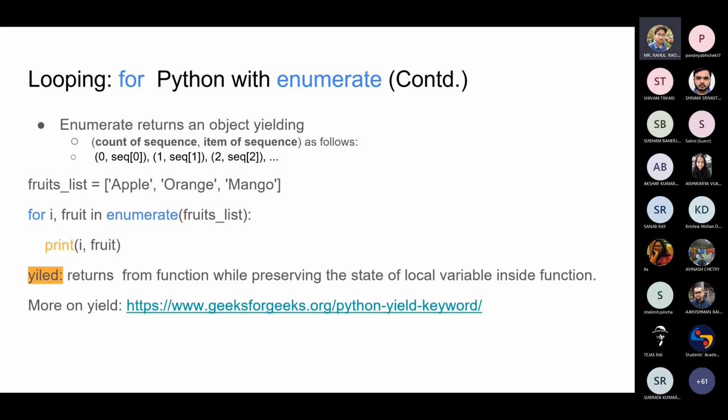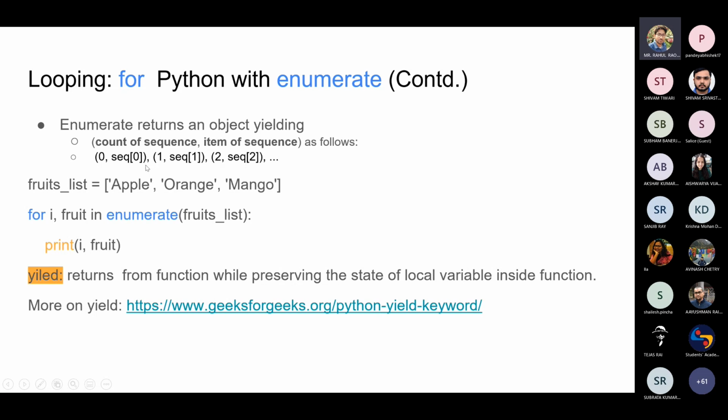But in brief, suppose there is some state or something that has been completed in the function. Next time the function will save that state and use the same state of the variable. So suppose the function has already returned this tuple, then next time it will return one, sequence one. The next time it will return two, sequence two.